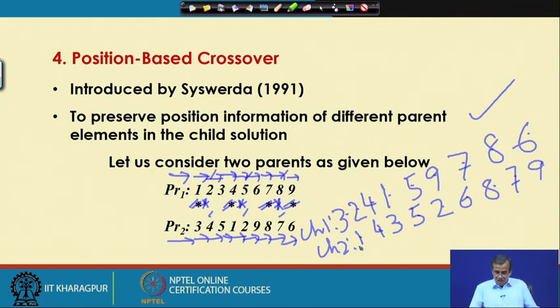Now, let me check cities 1, 2, 3, 4, 5, 6, 7, 8, 9. So, all the cities have been considered once. So, this is actually a valid child. So, starting from the 2 parents, we can find out the valid children solutions using the principle of this position based crossover.